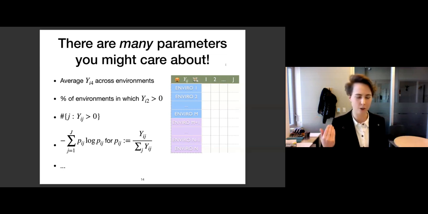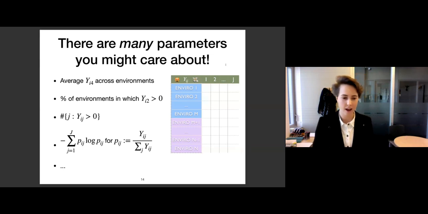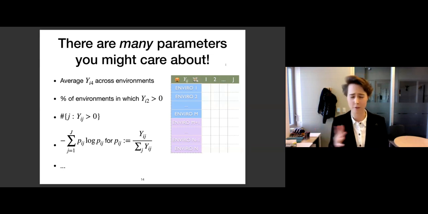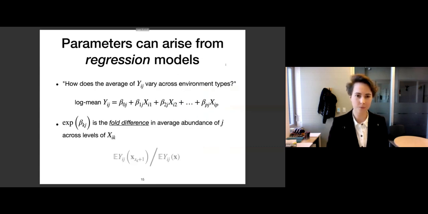I've got one written here, which is the Shannon diversity, where we've defined Shannon diversity as some function of true proportions of abundances. We could be thinking about other alpha diversity indices. We could be thinking about other beta diversity indices. These are all parameters that we could compute if we knew actual microbial abundances. Okay, all possible parameters that are out there.